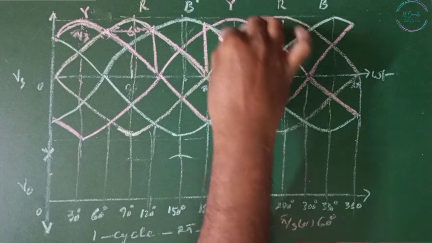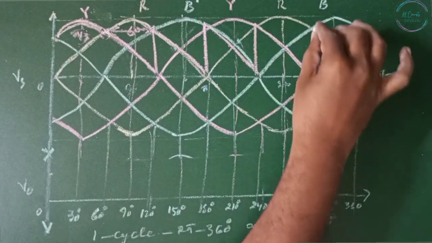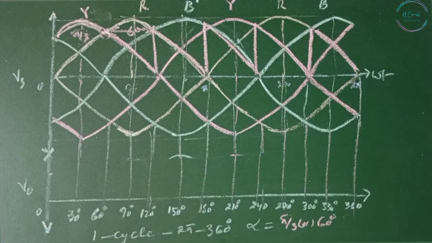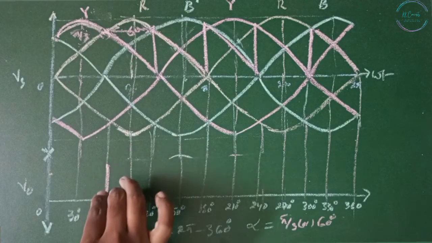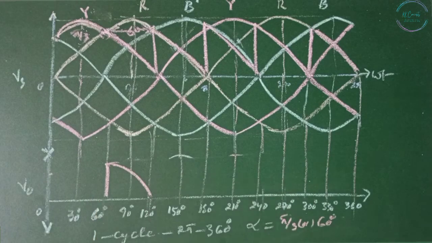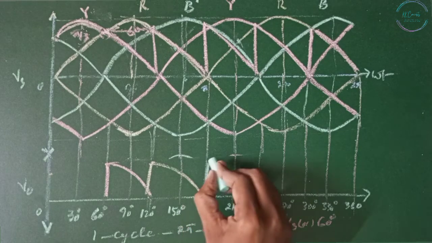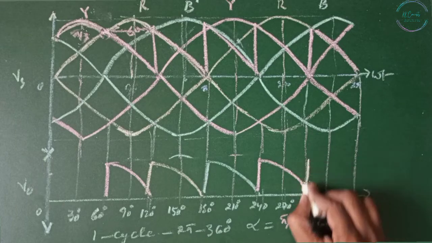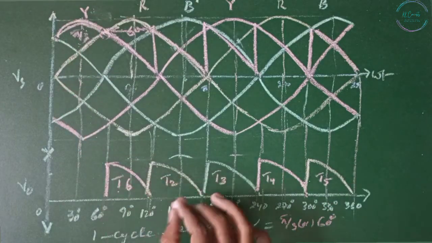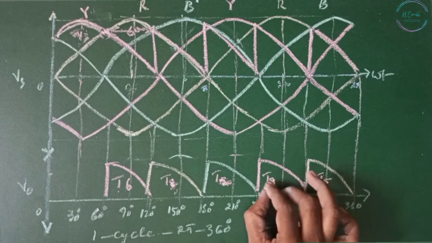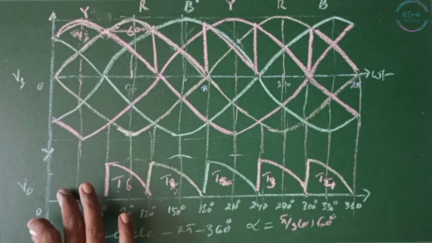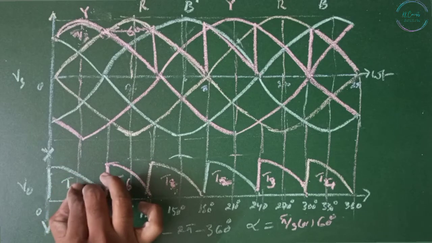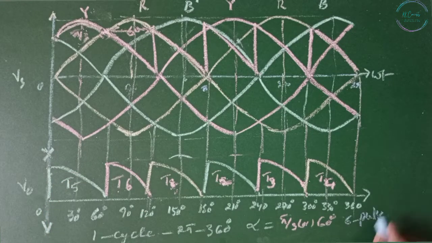Similarly, B dash is going to conduct, then Y is going to conduct, and then R dash is going to conduct. This belongs to T6, T1, T2, T3, T4, and here we are going to get T5. We are getting 6 pulses.